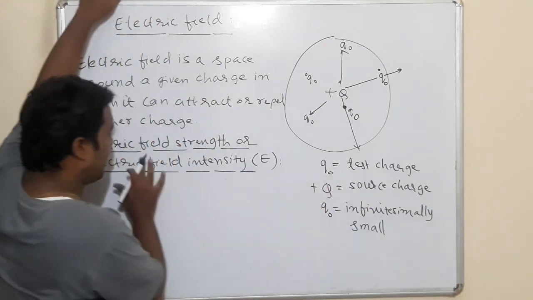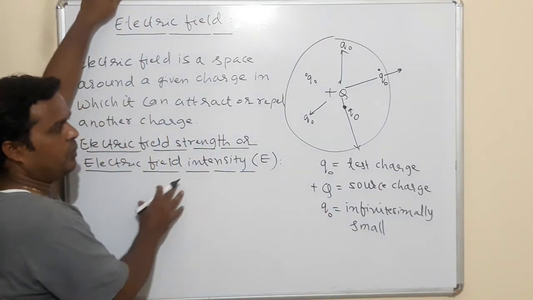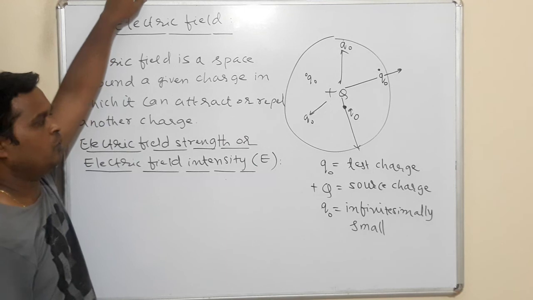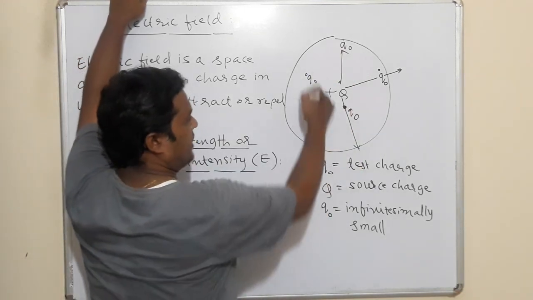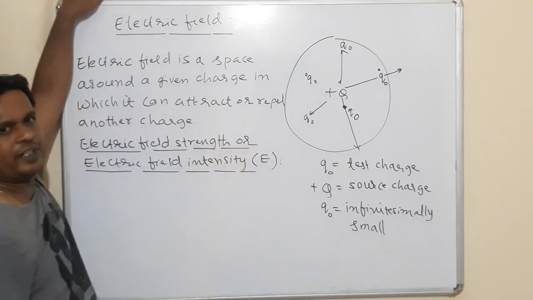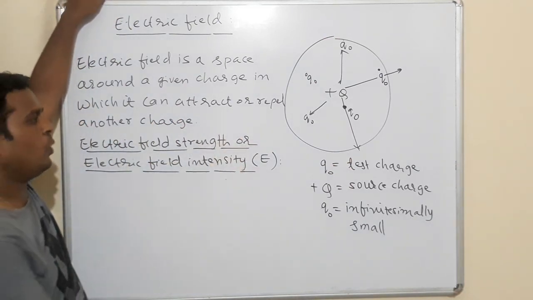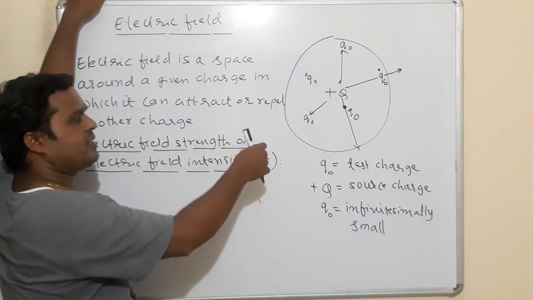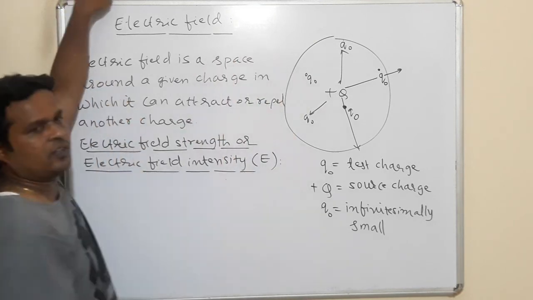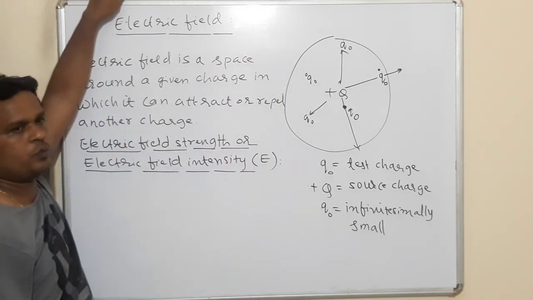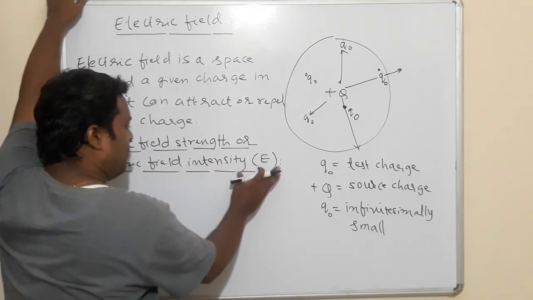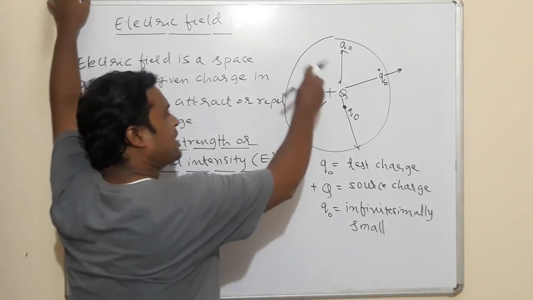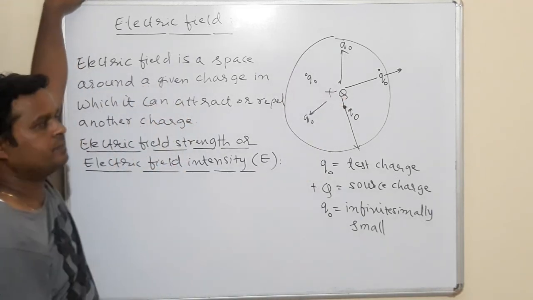When it comes to the electric field strength, it will be different for different points, because the test charge placed at different points around it will experience different force. The more force it experiences, the stronger the electric field is at that point. It means I am measuring electric field strength in terms of force experienced per unit charge.